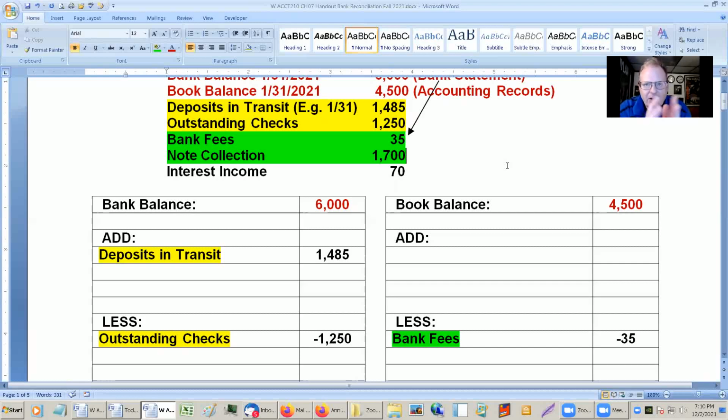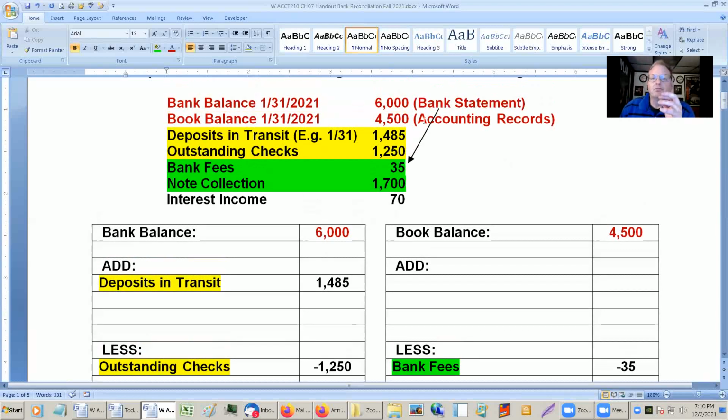Now, when are you going to find out that they collected that note? When you get that statement. So you're going to find out when you get the bank statement that they collected it. And interest income, you might earn interest on the balance in your account.